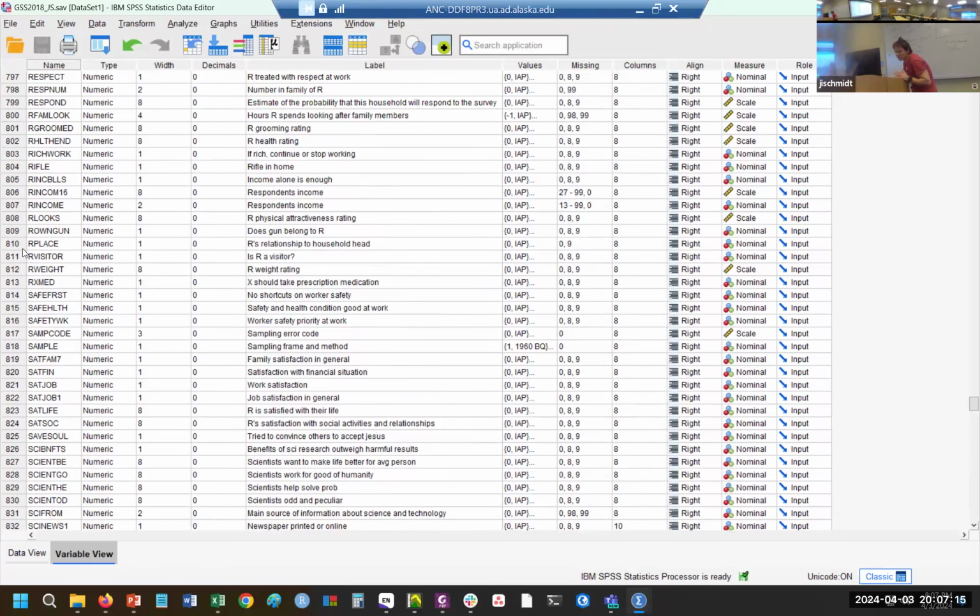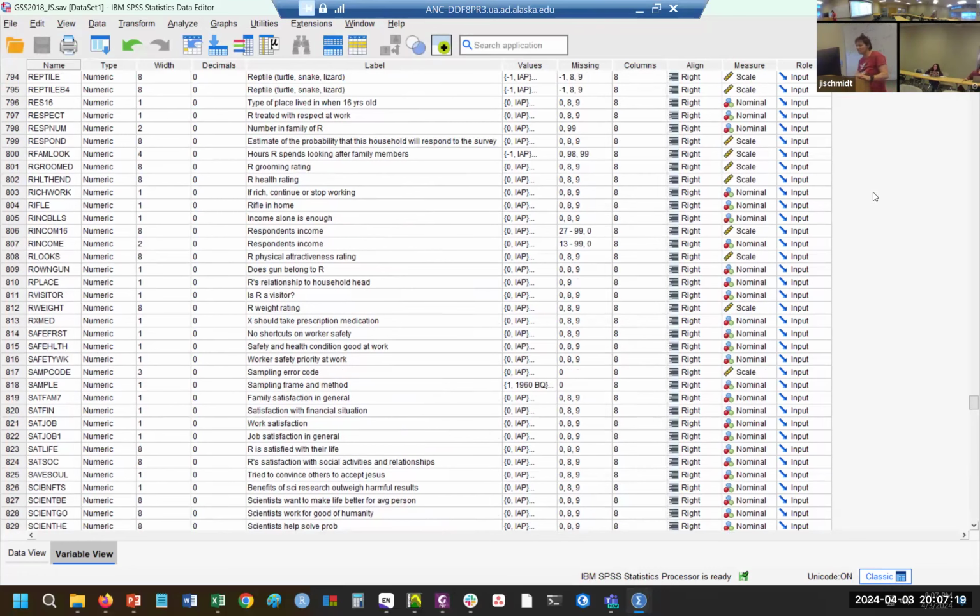I think it did say it was scale. I guess it's thinking about the variables and saying, is this something that could be like a 1, 2, 3, 4, 5, a number? It's okay to treat it as a scale, but a linear regression should really only be done with stuff that is a scale, so that means either a ratio or an interval. Okay.